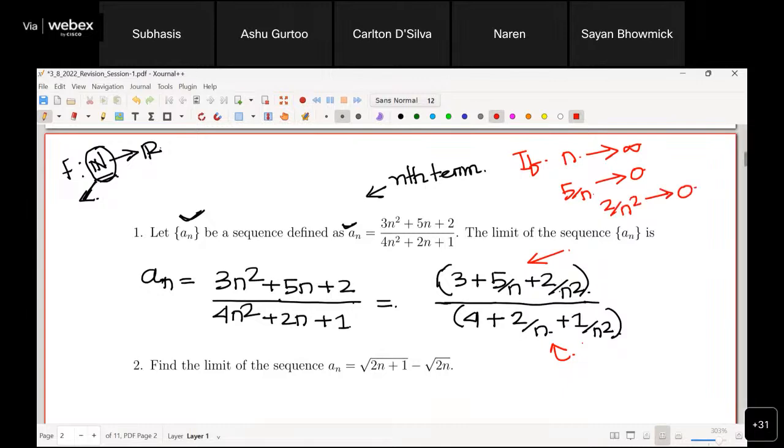As a result, the whole thing in the numerator will go towards 3. Similarly, you can check that in the denominator this will go towards 0 and this will go towards 0, so the whole thing will go towards 4. Finally, I can say that the limit of the sequence is 3 by 4.